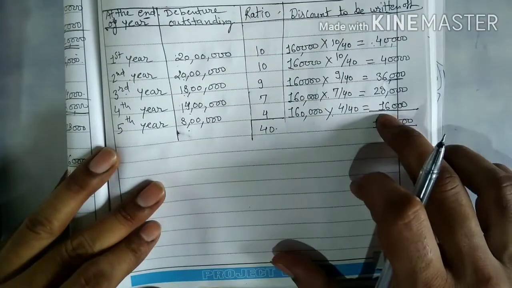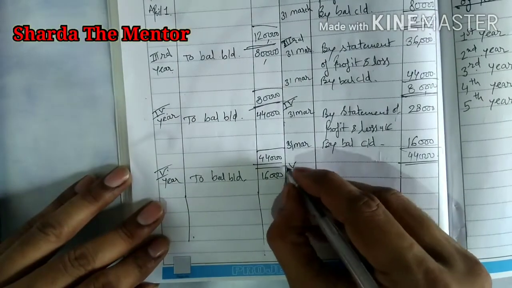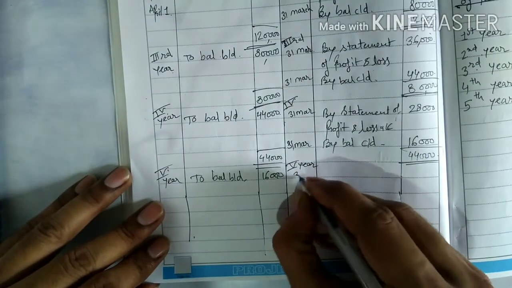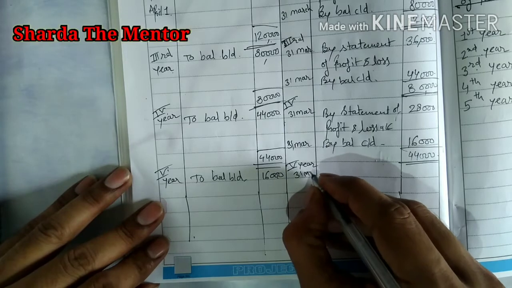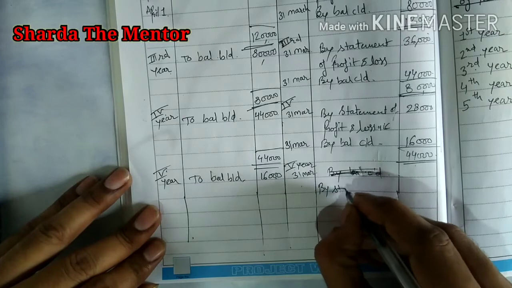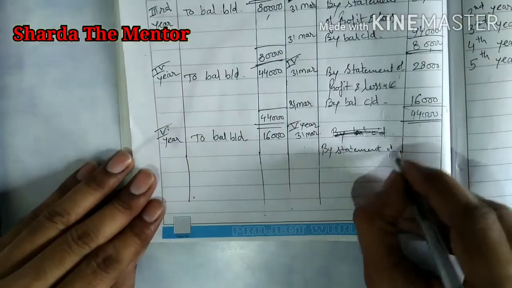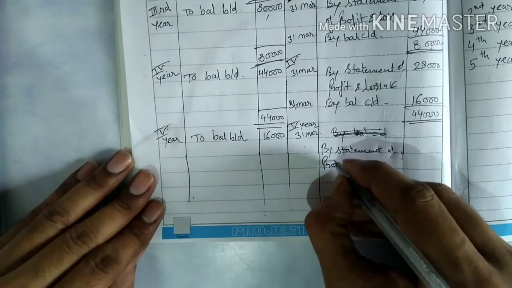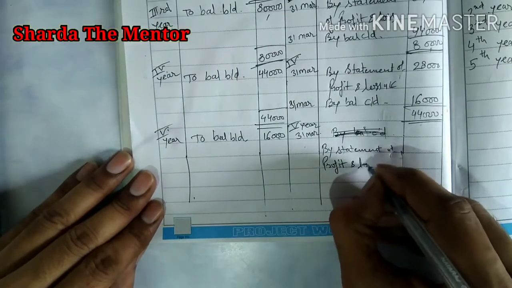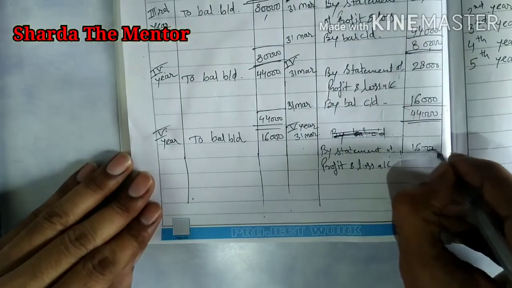Now if your calculation is correct, 16,000 is the beginning balance, and in the last year you have to write off 16,000. So at the end of the 5th year, 31st March, you will write off by statement of profit and loss 16,000.